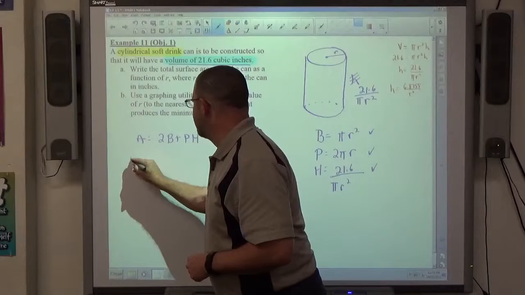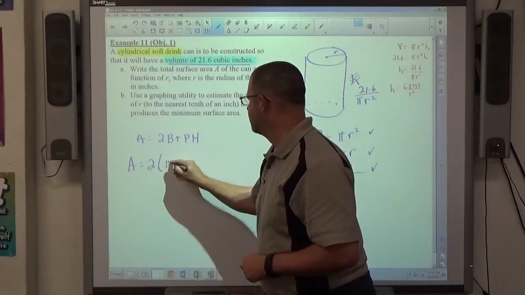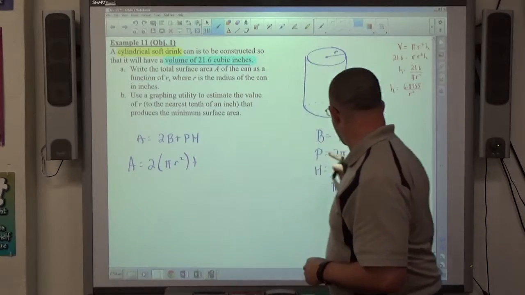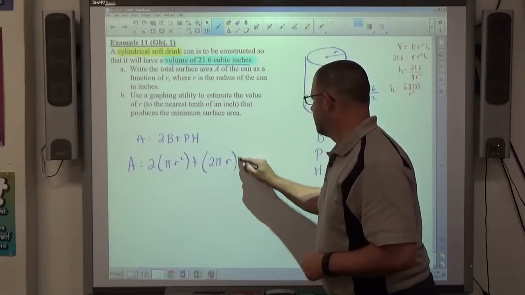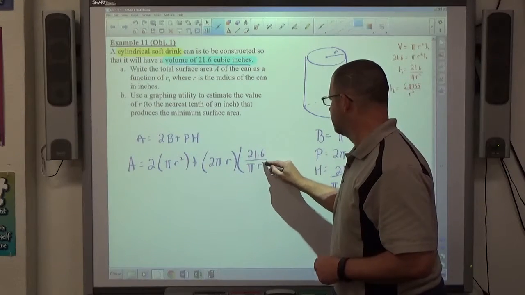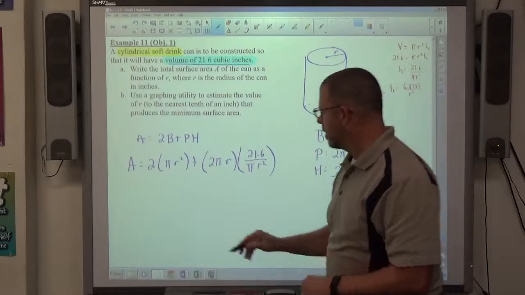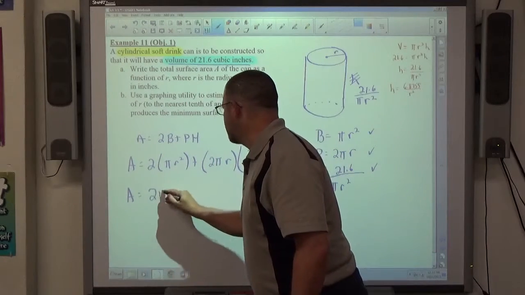So A equals 2B, and B is pi r squared, plus pH, that's 2 pi r times 21.6 over pi r squared. If I simplify that as much as possible, I get 2 pi r squared.